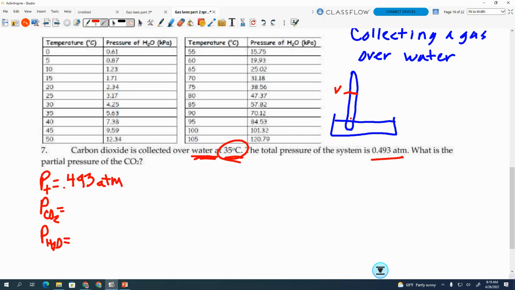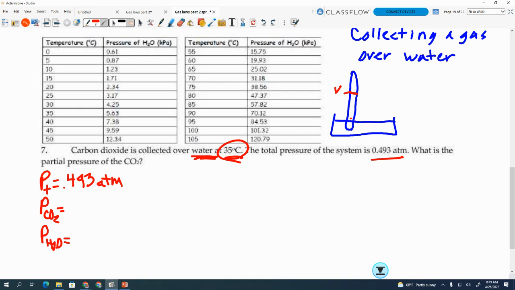So I can look on these charts, and they'll always have a chart like this available if you ever need it. And in fact, in your reference table, all the way in the top right side, you'll see a water vapor pressure, millimeters mercury, in there.